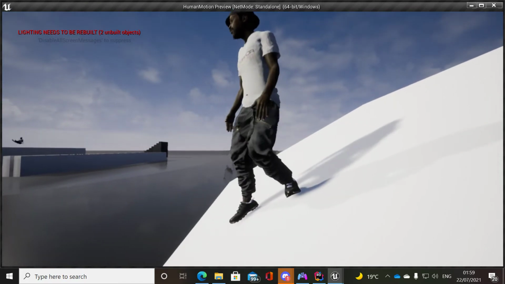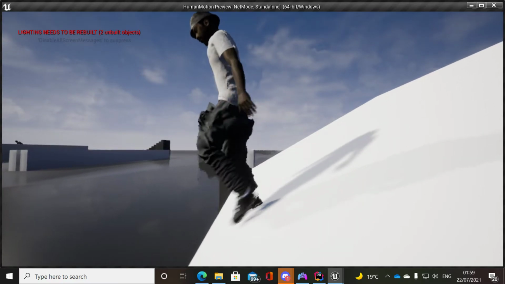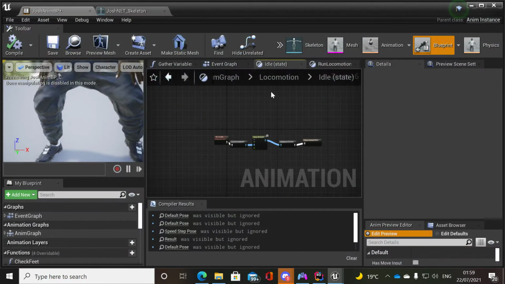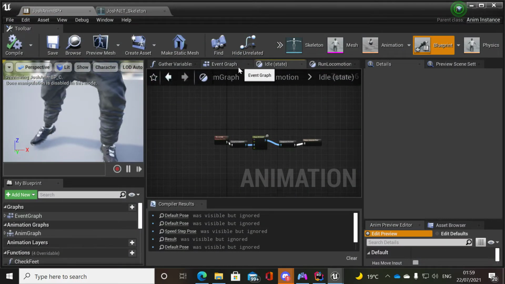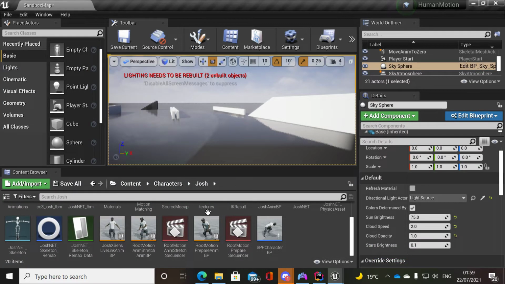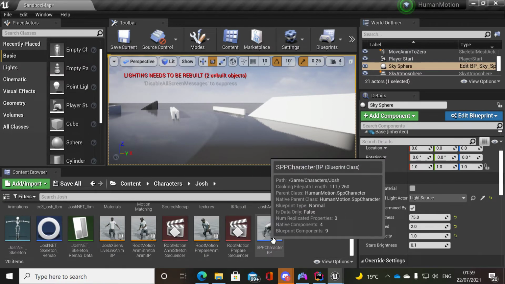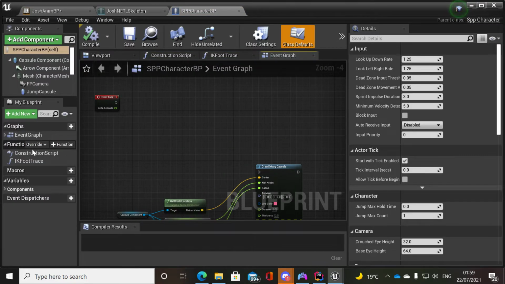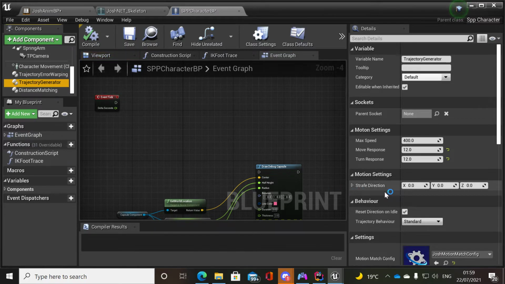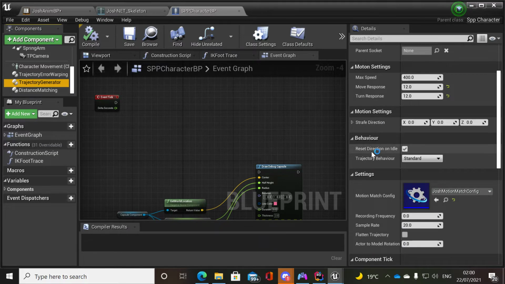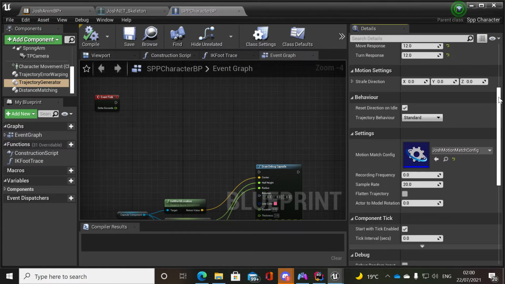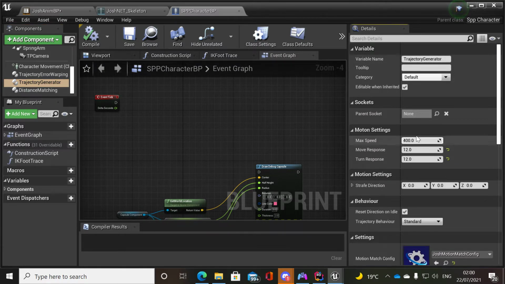Is the trajectory in 3D on the motion matching? I don't know if it is.